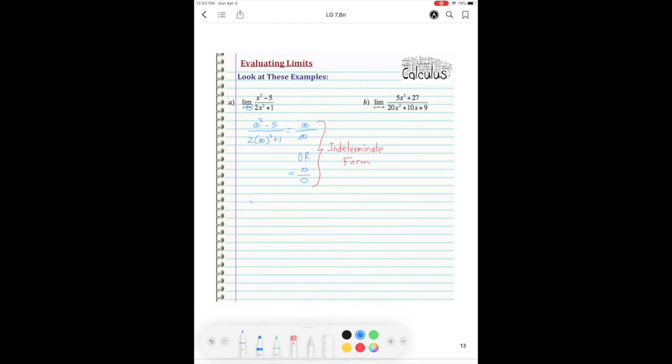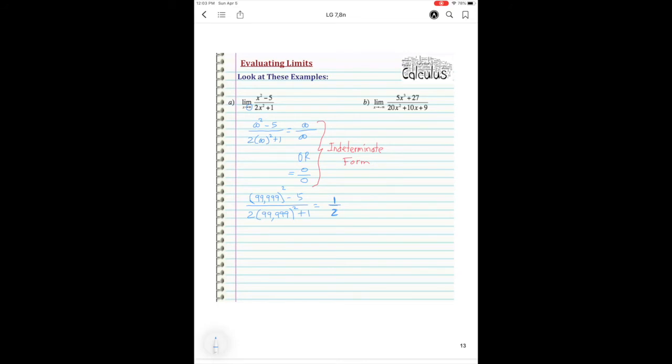So if I pick a number, let's say 99,999, and I square it, and I do the same thing down here, making a very large number because I'm approaching infinity, if you type that into your calculator, you get a half. So that's the answer.